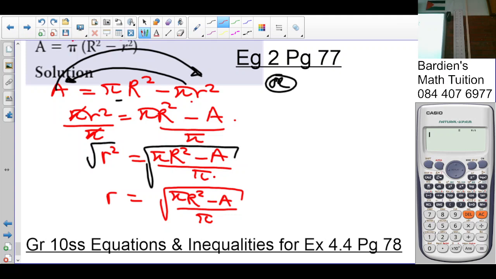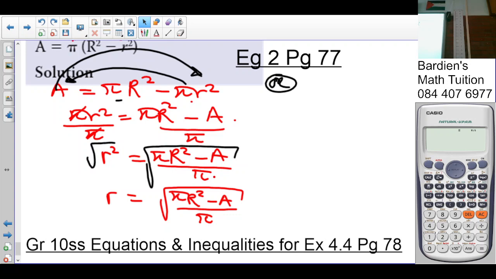So if there were no variables like a, could you punch it in the calculator and get the answer? You would have been able to get an answer. Is it fine if we leave it like this? It must be left like this. Remember, there are no values for a or R. There's a variable, it can be any value at this point. If it was actual numbers, then yes, you would put it in the calculator.